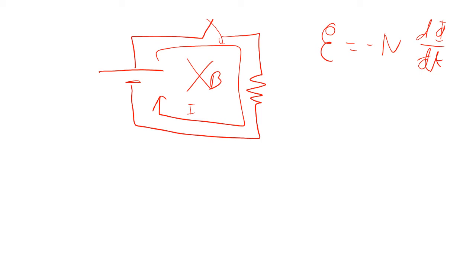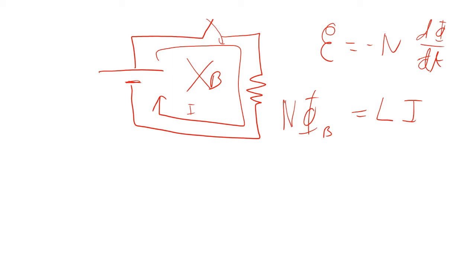The bigger the magnetic field, the bigger the flux. So we can say that the flux is proportionate to the current. The proportionality we're going to call the self-inductance, and that also is going to depend on how many loops are in the circuit.